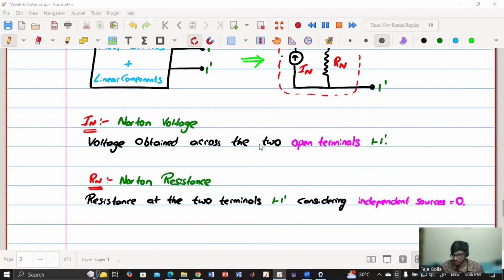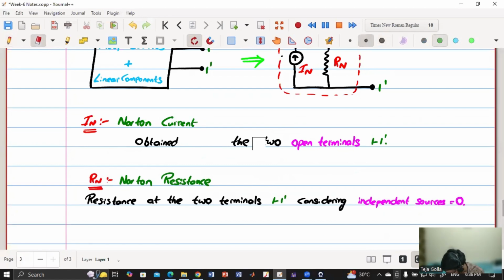We can also get the relation. Let me just write it. So Norton, it will be current, right? So it is Norton current and Thevenin resistance. The Norton current is the current flowing through the two shorted terminals.